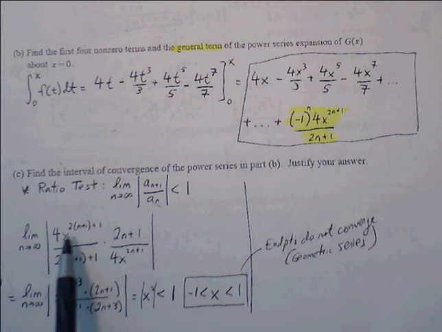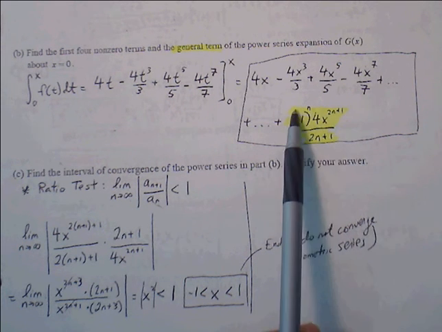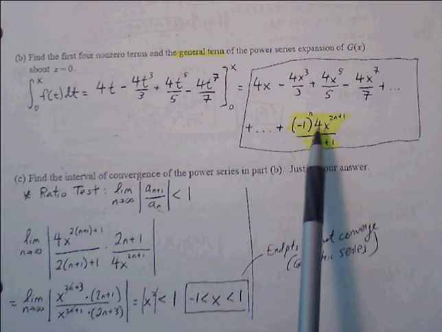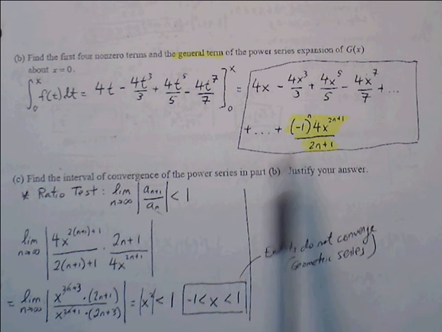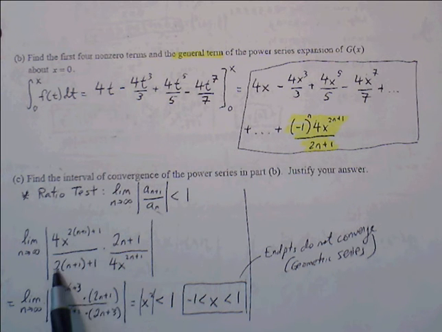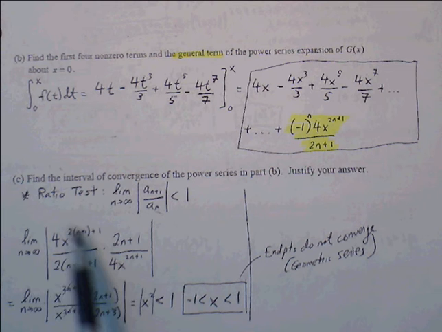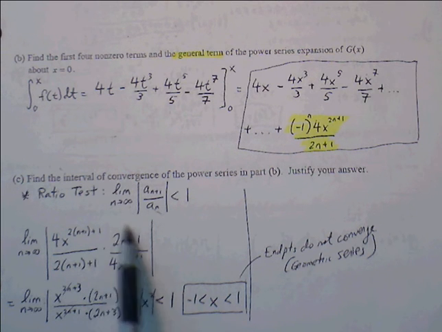So absolute value, that means that negative 1 to the n can just drop out. We just have to add 1 to each of the n values, so 2n plus 1 plus 1. Here's a sub n plus 1 divided by a sub n, which is the same thing as multiplying by the reciprocal of a sub n.